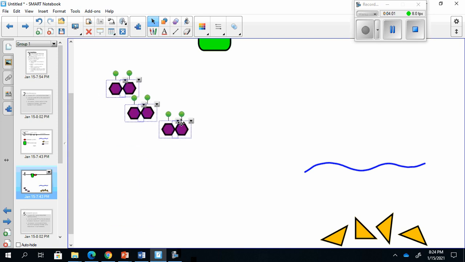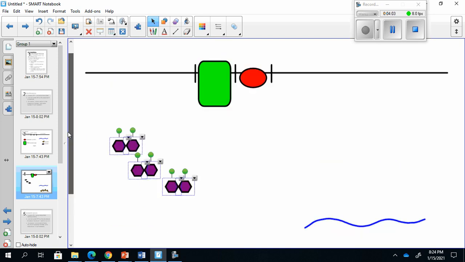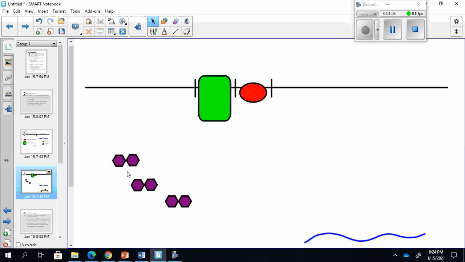This is lactose. Lactose is a disaccharide, which is why I drew it like this. So when this is present, my repressor protein has a stronger attraction to the lactose than it does to the DNA. So it moves off of the DNA.